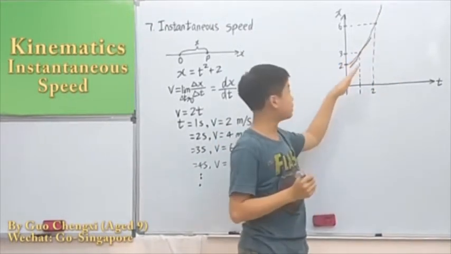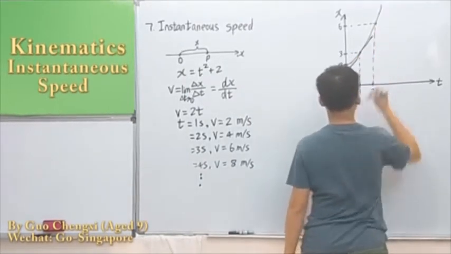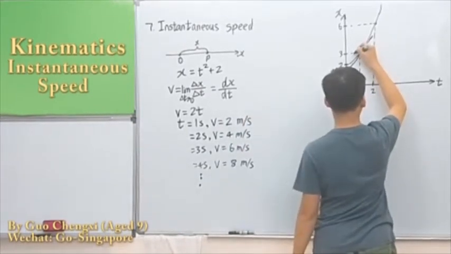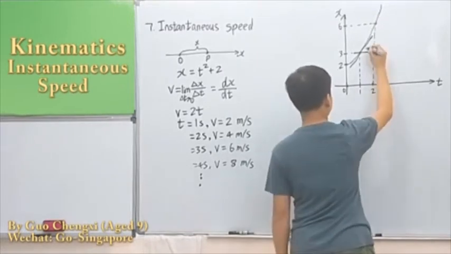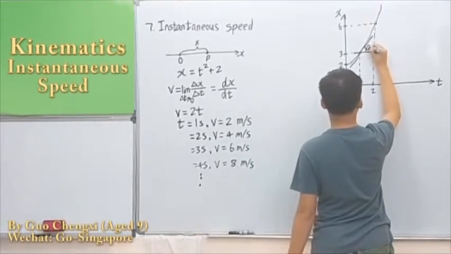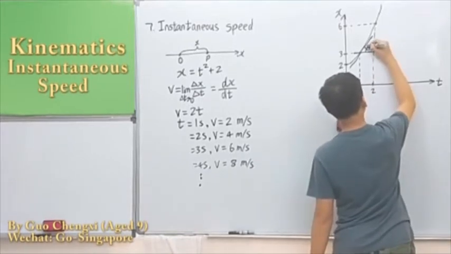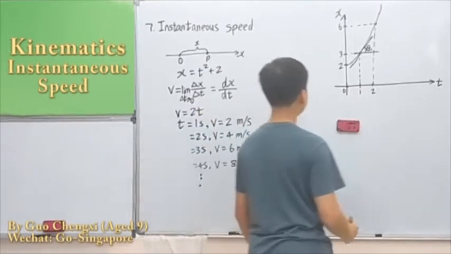It intersects at this one point, and with this tangent line, you can draw this horizontal line. Then you have this angle, and you call it theta 1.